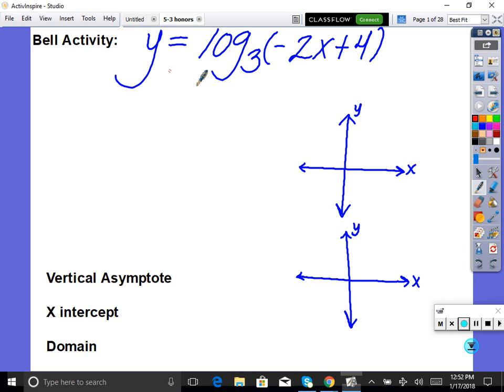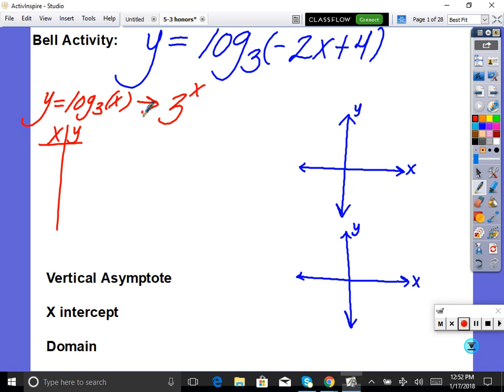You would say, okay, instead of looking at this whole log of the base 3 with all these shifts, let's just look at the parent function, log base 3 of x. Does everybody agree? Now, without really using a calculator, we can't figure out what these points are. So instead, let's figure out what the exponential function's xy points are, and then can I just swap them to get these xy points?